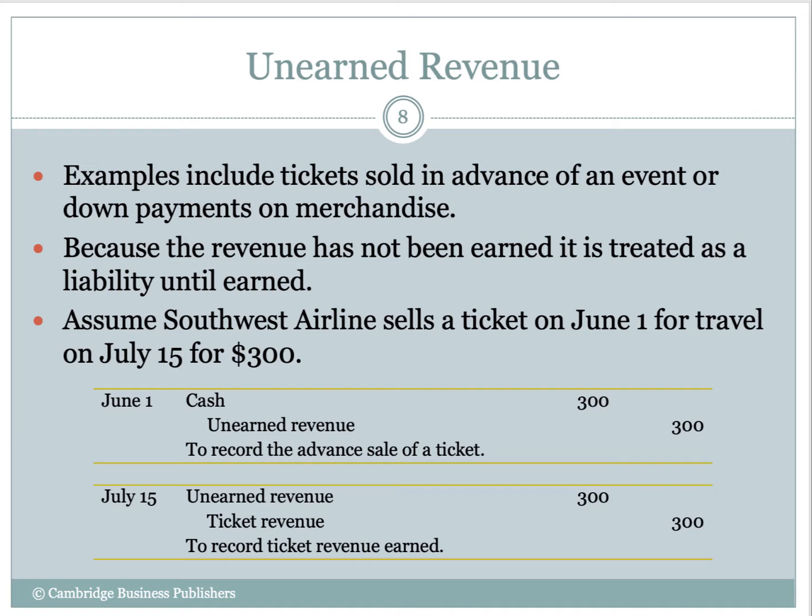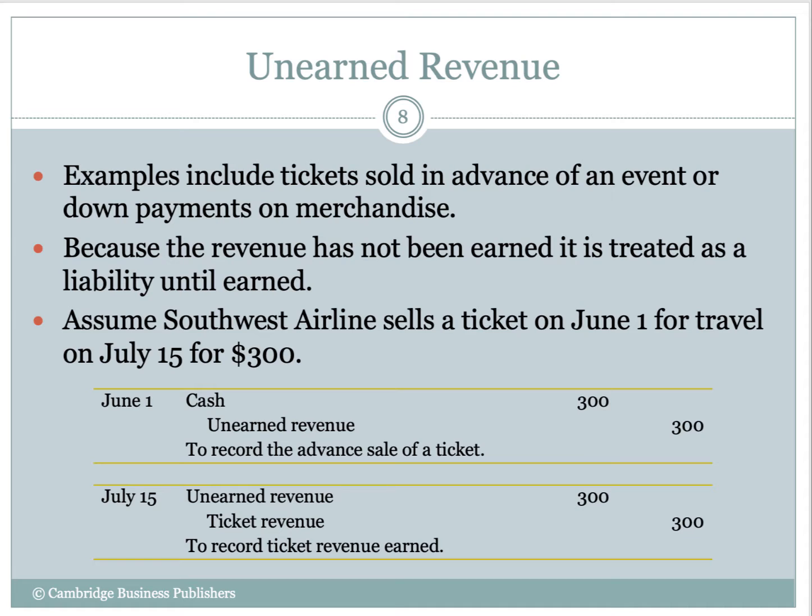So once July 15th rolls around, we're getting ready to go on our trip. We go on our trip, we board the plane. Guess what? Southwest Airlines now needs to recognize revenue because they are satisfying that obligation by providing us with a service. How do we book that? Well, we decrease our liability, which is a debit to unearned revenue, and we credit ticket revenue.